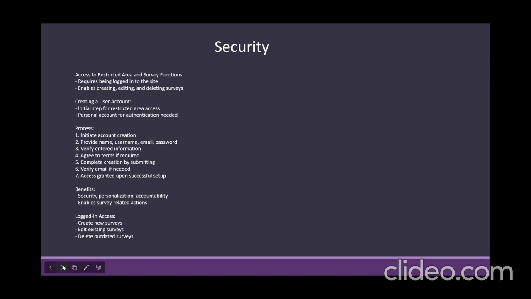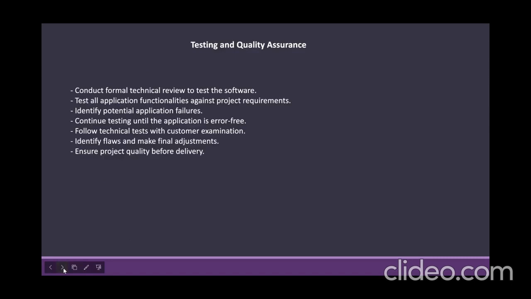When you are logged in, you're able to create new surveys, edit existing surveys, and delete outdated surveys. For testing and quality assurance, we continuously tested to see if there were any errors and fixed any potential issues throughout the releases of our project. And for each delivery, we ensured that it met quality standards before submitting.